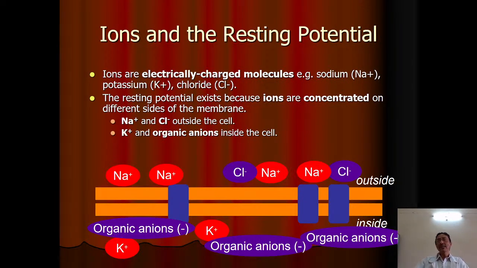All three ions are explained by the Goldman-Katz equation, and the resting membrane potential then works out to be minus 70 millivolts. So what is this resting membrane potential?